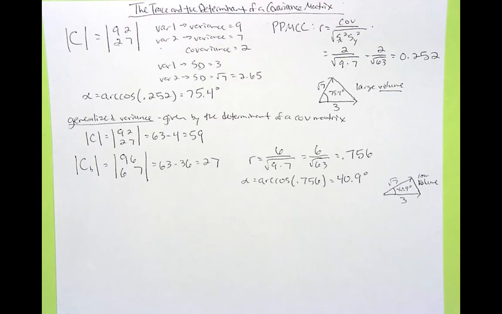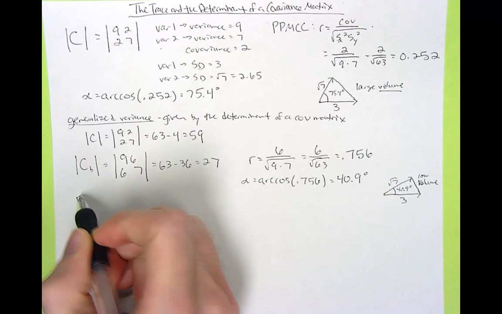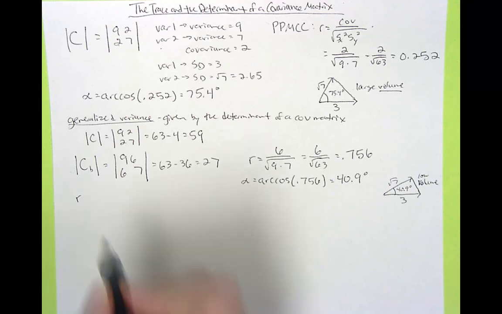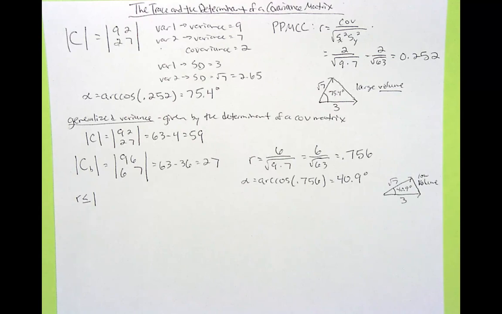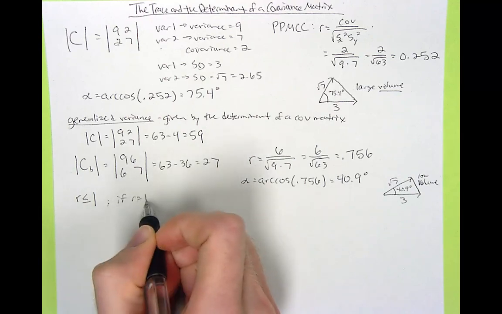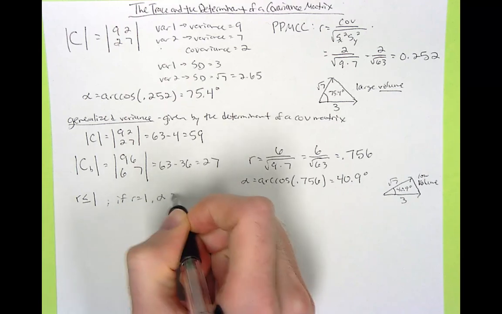And the reason why that is, we know that the Pearson product moment correlation coefficient, it's a mouthful, just the correlation coefficient R, is always going to be less than or equal to 1. If it's 1, it's a perfect correlation. So if R equals 1, then the angle will equal 0.